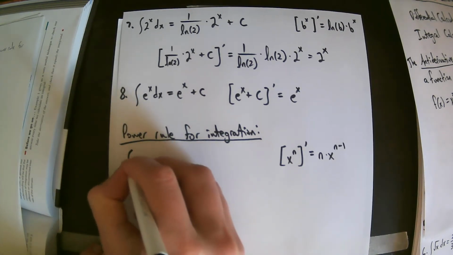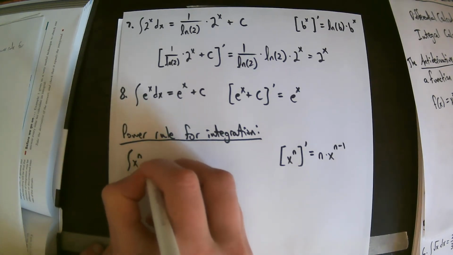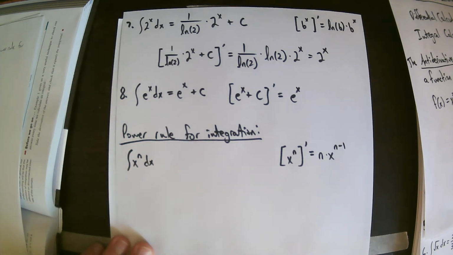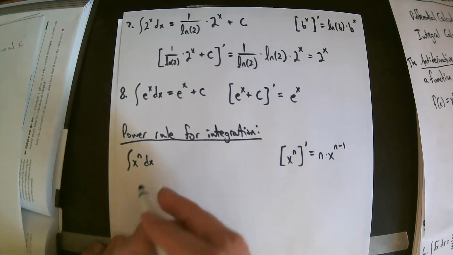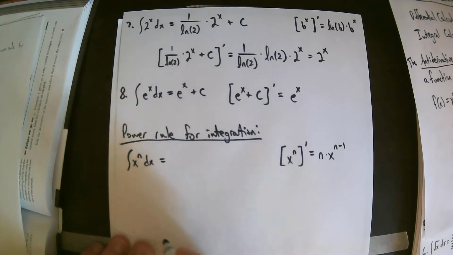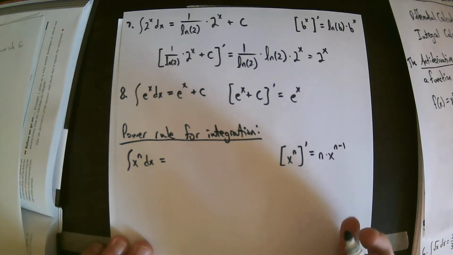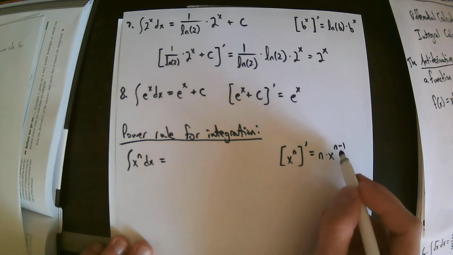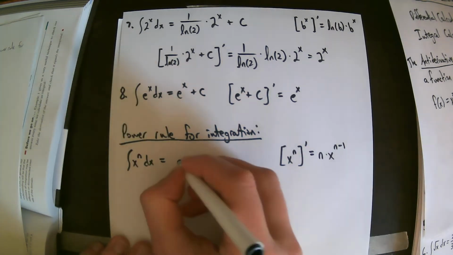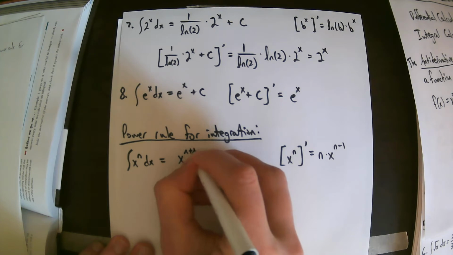So if I have the integral of x to the n dx, I'm going to do the opposite, and in the opposite order too. I'm going to add 1 to the exponent. So instead of n minus 1, it's going to be x to the n plus 1.